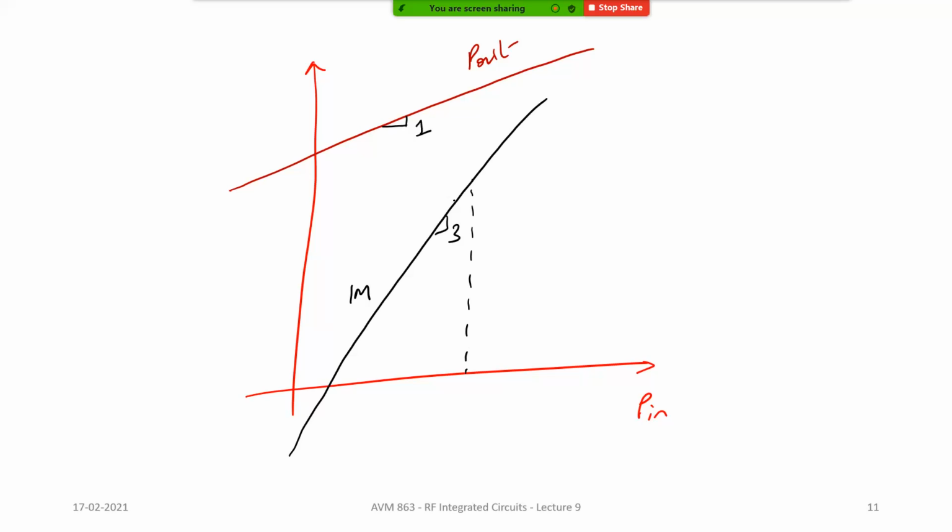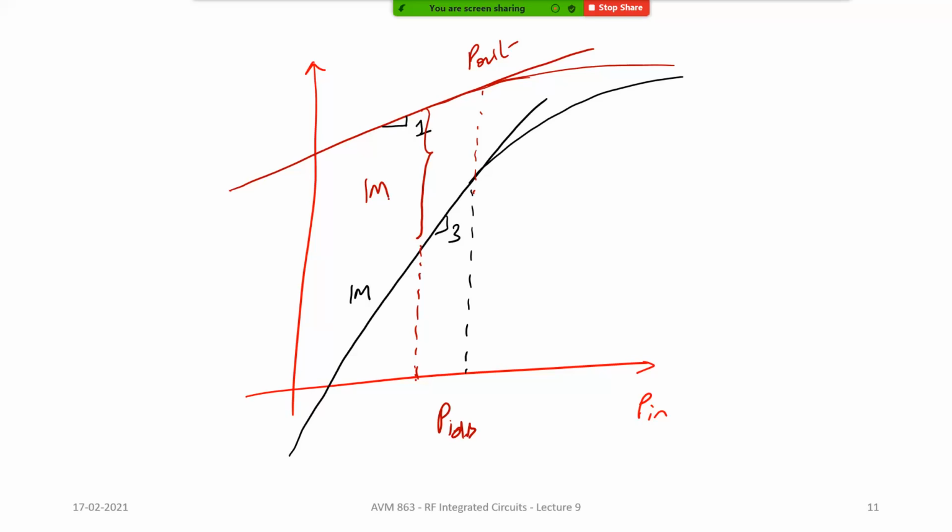Let's say the actual thing starts going like this, and something like this is your 1 dB compression point. You know that even here you have so much IM, or rather this is the IM suppression.